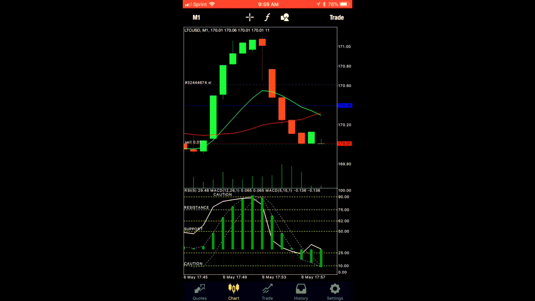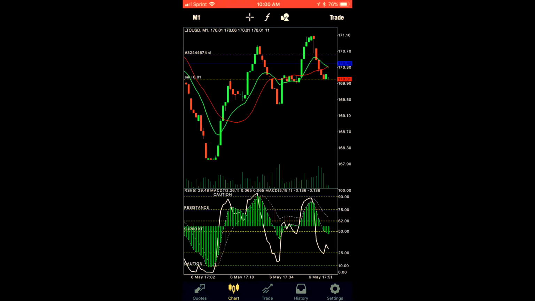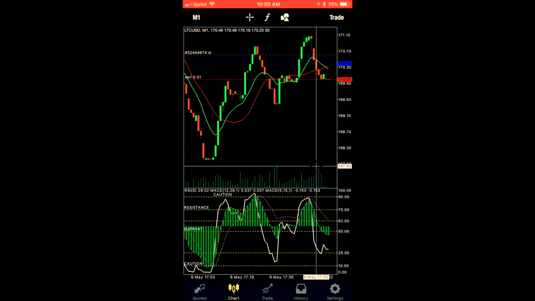As you see here, it's taking off. But as you can see though, it's looking like a consolidation right around here. You see this? Because you still have both of them there. You have the red on top, the green on the bottom.